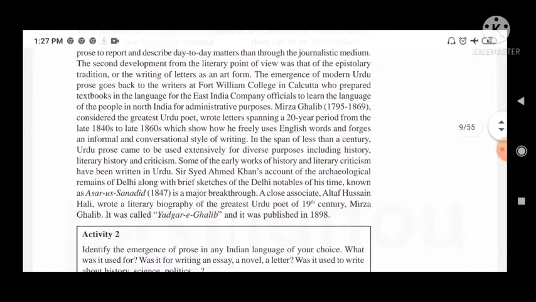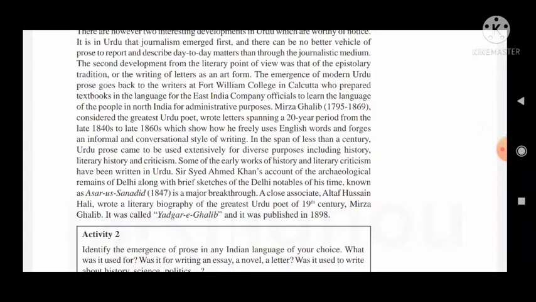The emergence of modern Urdu prose goes back to the writers at Fort William College in Calcutta, who prepared textbooks for the East India Company officials to learn the language of the people in North India for administrative purposes.